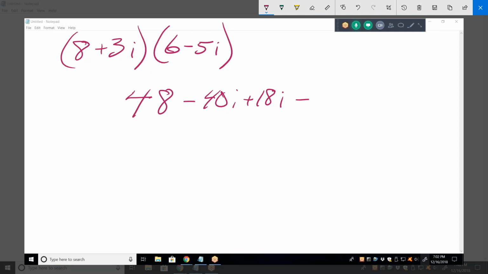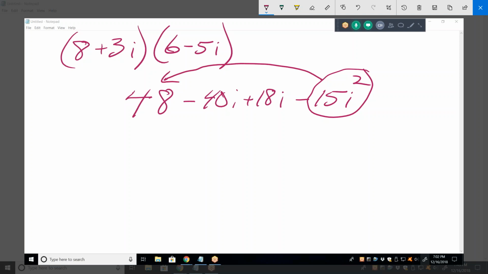And then minus 15i squared. Okay, and that i squared is equal to what? If i is equal to the square root of minus 1, what is i squared equal to? Minus 1. Okay, so that means that's a real number, and I'm going to be able to combine it with that real number.